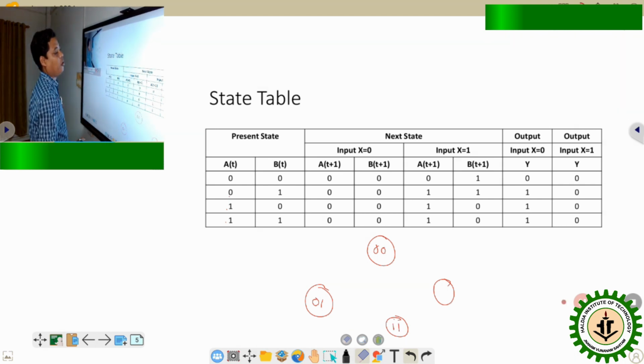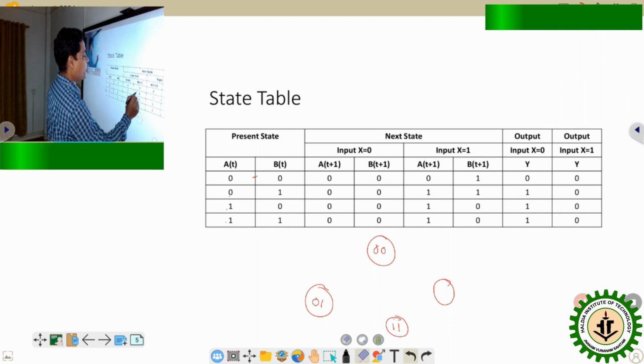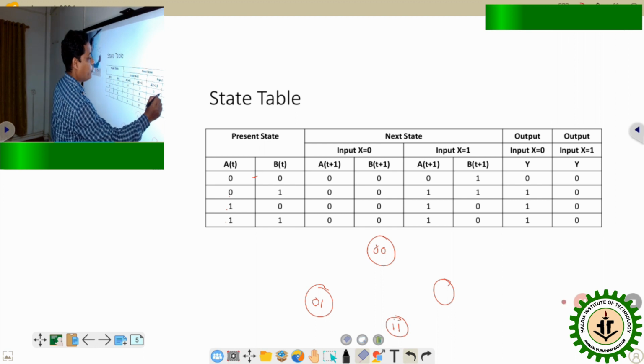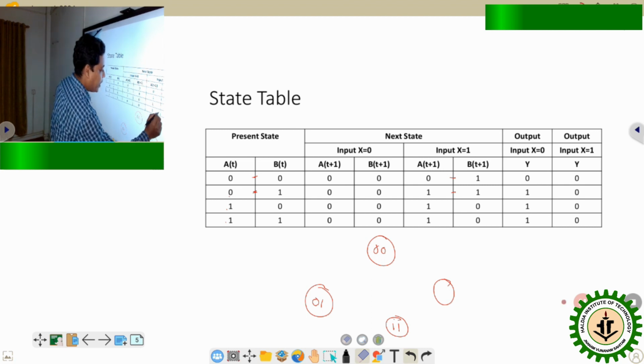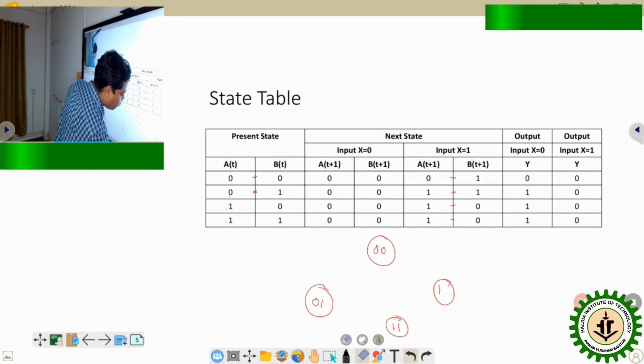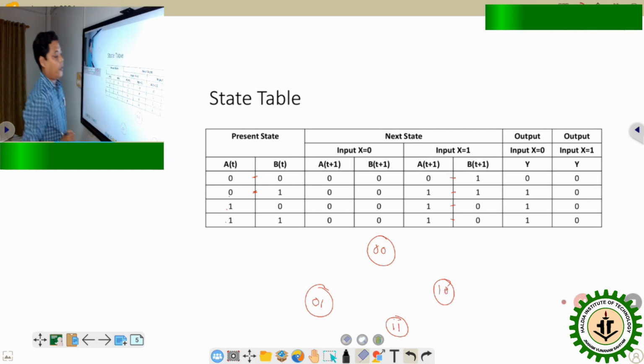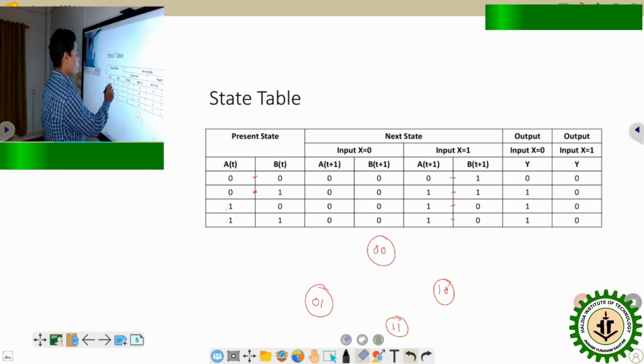As in the table we can observe, the state is changing in the fashion first 00, and from 00 it is changing to 01, and from 01 it is changing to 11. So here I have written 00, 01, 11, and finally from 11 to 10. So when the state is changed, it transitions from 00 to 01.